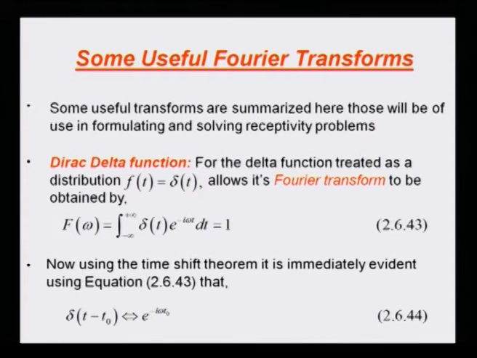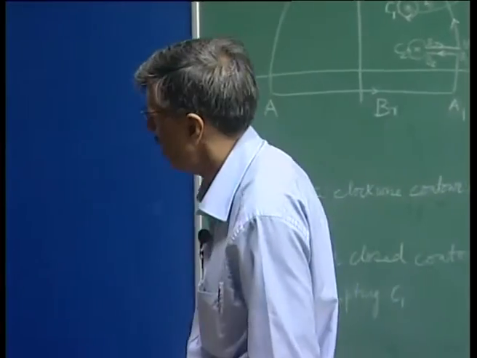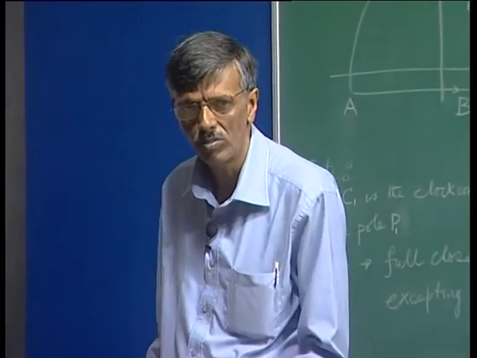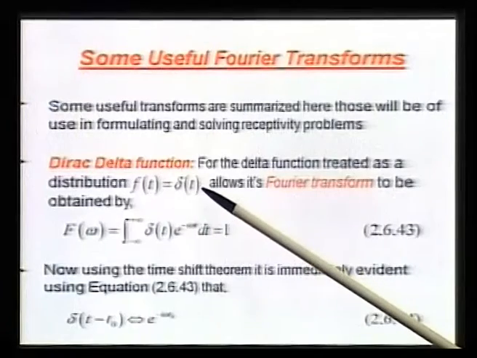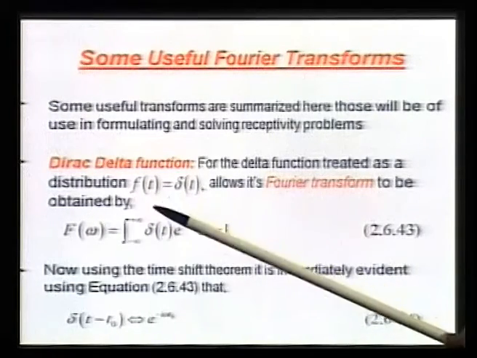Let us now talk about some things which are going to be of use in our study. The first and foremost is of course the Dirac delta function. We do not want to go through the usual way of talking about the continuous function, etc. It is better that we adopt the distributions, and the first element of distribution is of course the delta function. You know its property.